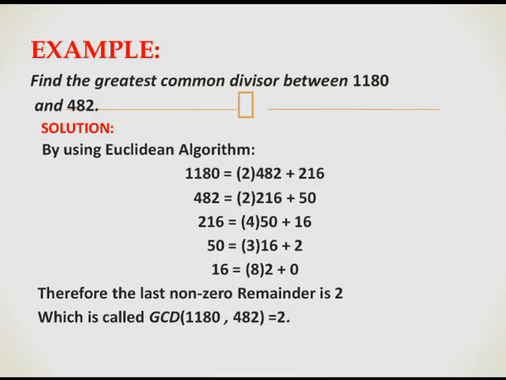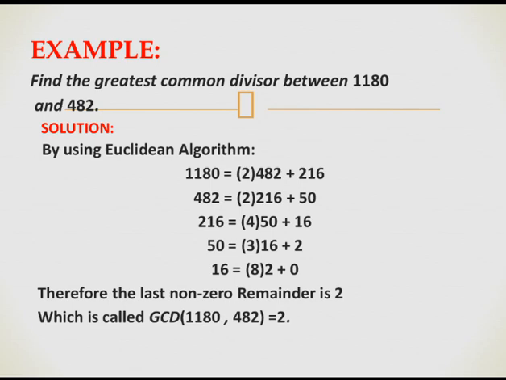Next, this is an example for greatest common divisor. Now, we have to find the greatest common divisor of 1180 and 482. Using the Euclidean algorithm, divide 1180 by 482. We get 2 as a quotient and 216 as a remainder. Next, 482 as the dividend and 216 as the divisor, we get 50 as a remainder.